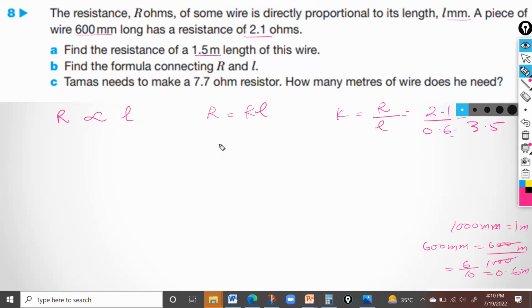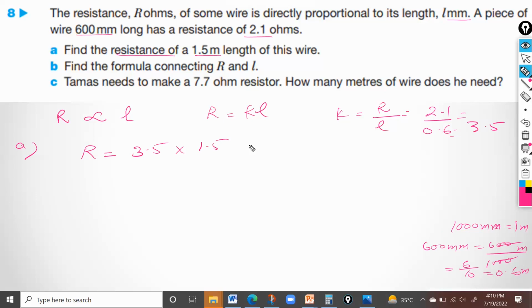3.5. Now we have K and we want to find the resistance. So A part question says that resistance is equal to K times length. So K we got 3.5 and length is given 1.5.